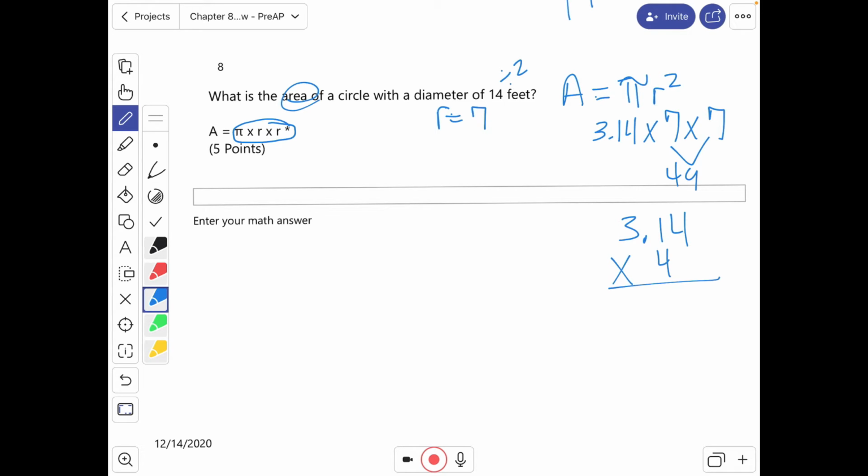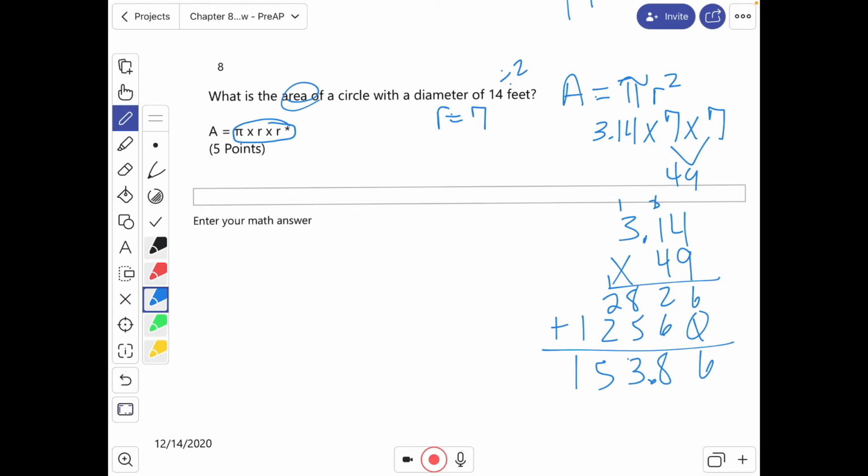And 3.14 times 49, and then I move the decimal 2 spaces.